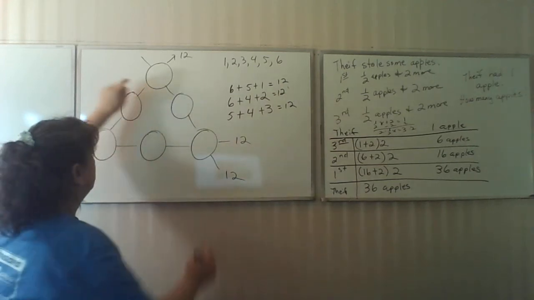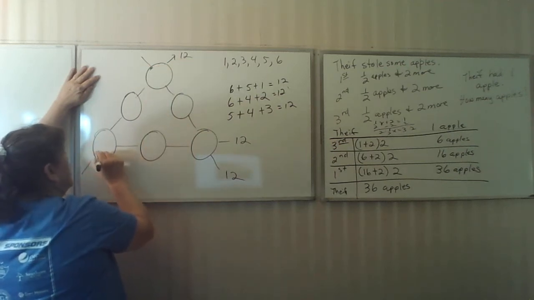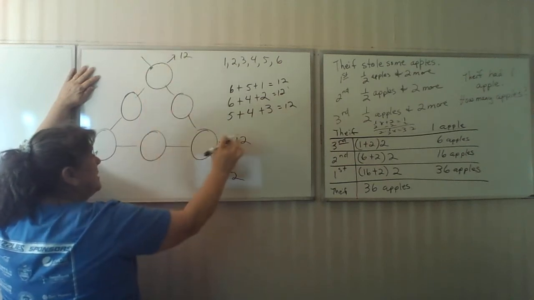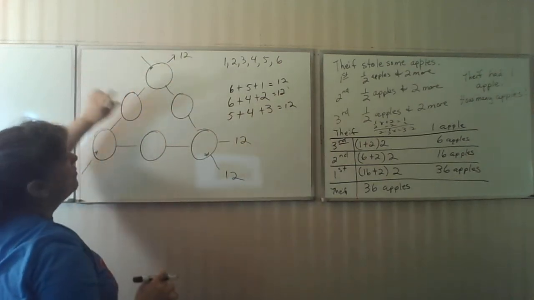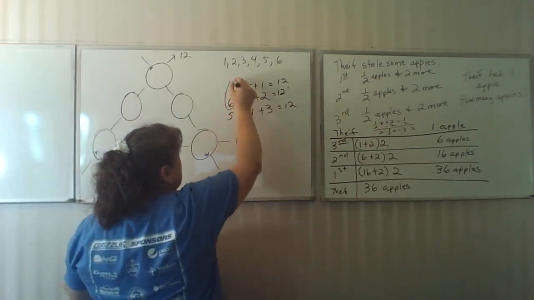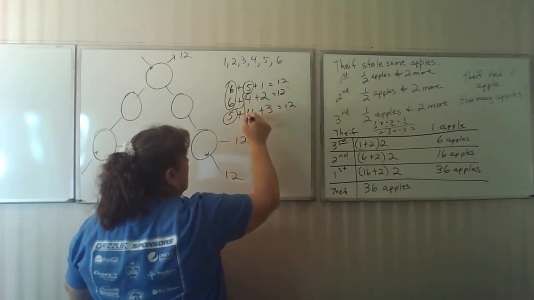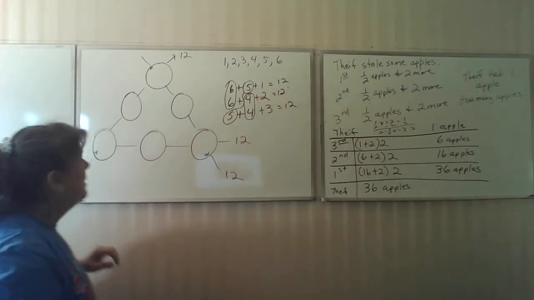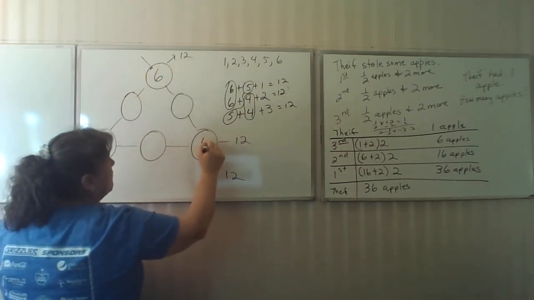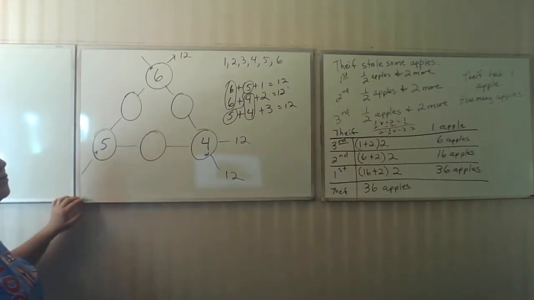Notice too that every one of these circles is used twice because it's in this line, but it's in this line as well. So we're going to look for the numbers that are used twice. So 6 is used twice, 5 is used twice, and 4 is used twice. So that means 6, 5, and 4 are the numbers that have to go in those places that are used twice.